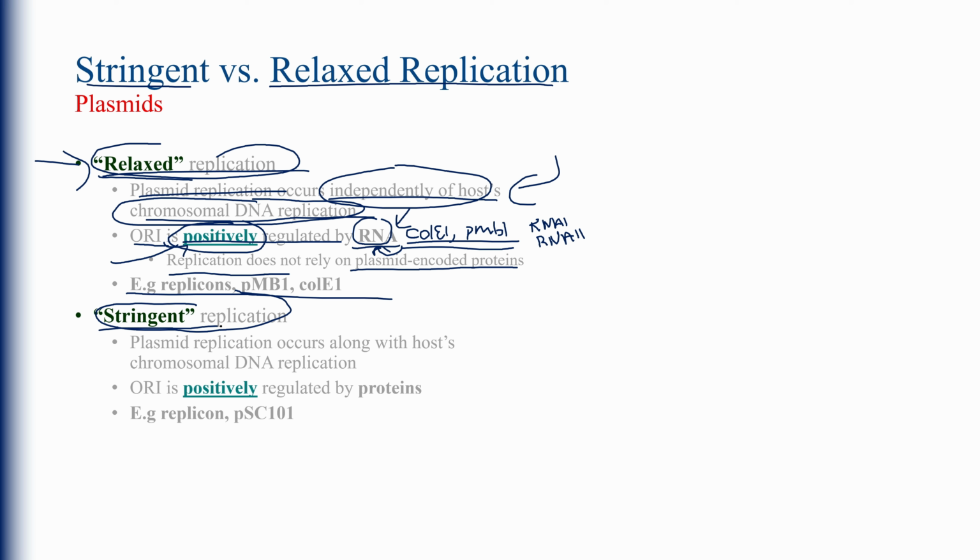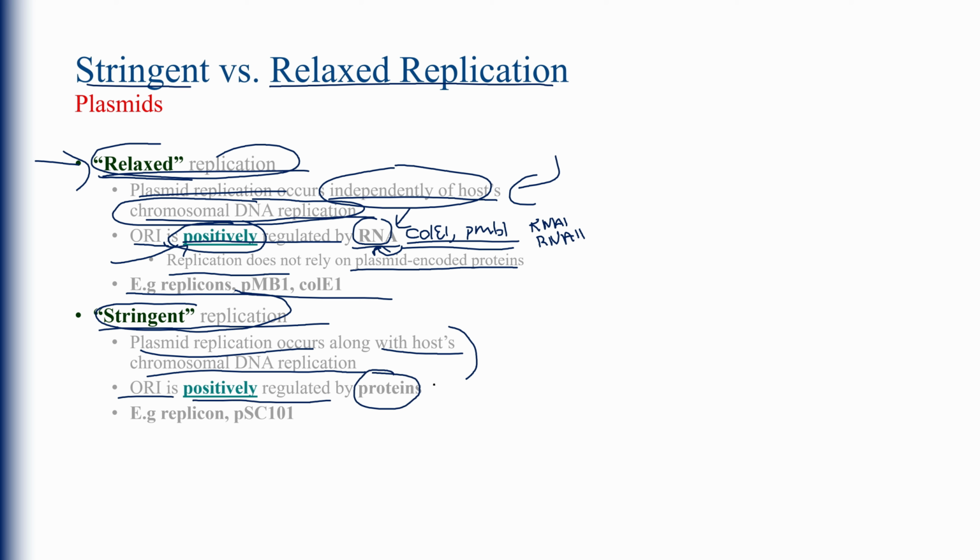On the other hand, stringent replication refers to plasmid replication that occurs along with the host chromosomal DNA replication. That is, they are temporally dependent on the chromosomal replication of the host. And this happens when the origin of replication is positively regulated by proteins.